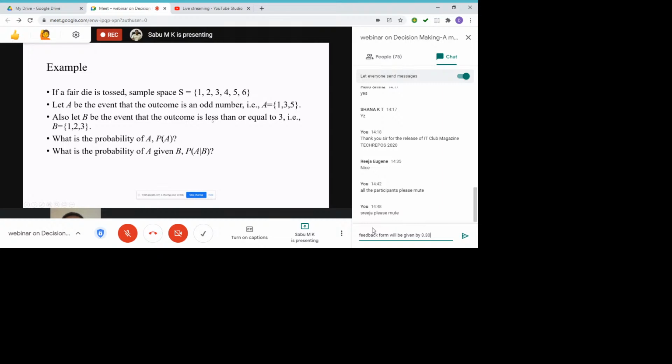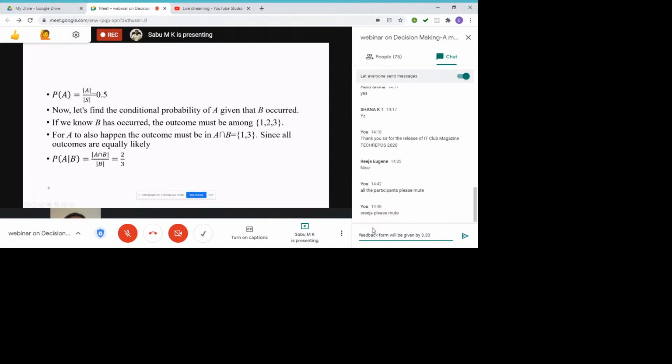So for A to also happen, the outcome must be in A intersection B. That means A and B simultaneously should occur. Then A intersection B is equal to {1, 3}, because A is {1, 3, 5} and B is {1, 2, 3}. So A intersection B is definitely {1, 3}.